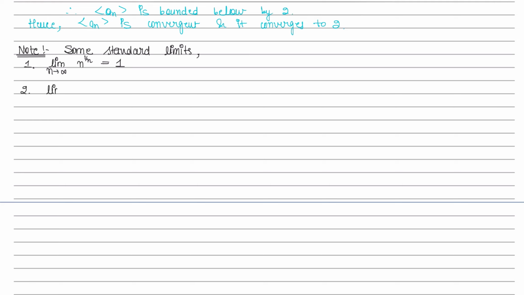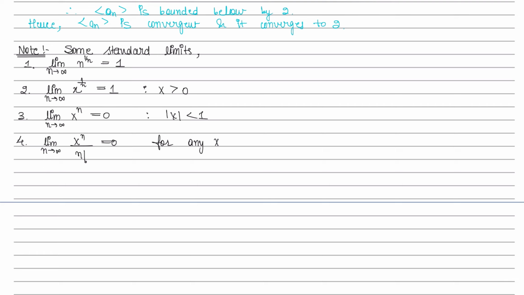Secondly, if limit n tends to infinity, we have some x to the power 1 by n, this always goes to 1, but there is a restriction that x value should be positive. Third one, limit n tends to infinity, x to the power n is equals to 0 only if mod of x is less than 1. Fourth one, limit n tends to infinity, x to the power n divided by n factorial is equals to 0 for any x.